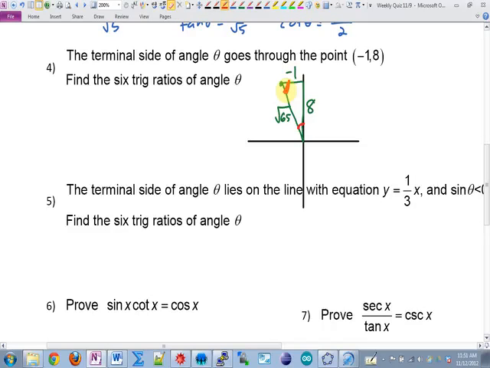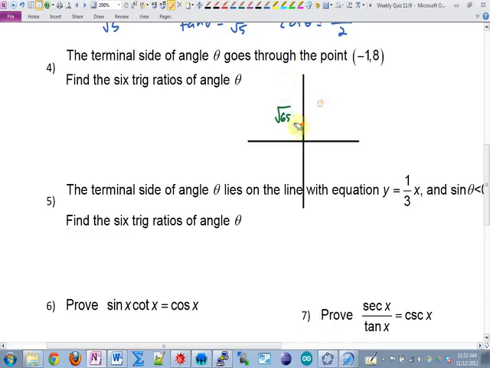And so a lot of people got all your co-functions backwards. You got for sine what you should have gotten for cosine, and vice versa. You got cosecant and secant switched, and you got tangent and cotangent switched, because you were using a complementary angle, so you got all the co-functions switched up.